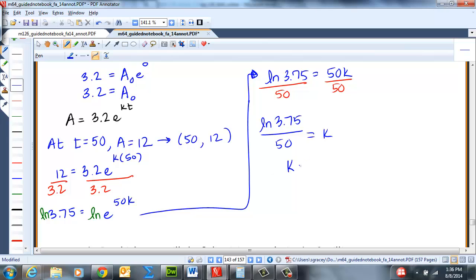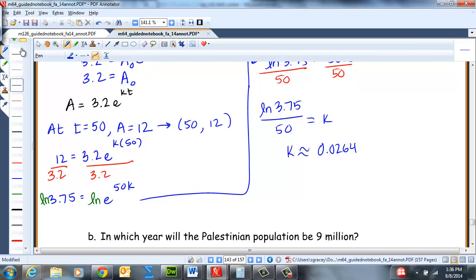So k was approximately 0.0264. Okay, so our ending model is A equals 3.2 e to the 0.0264 times t.